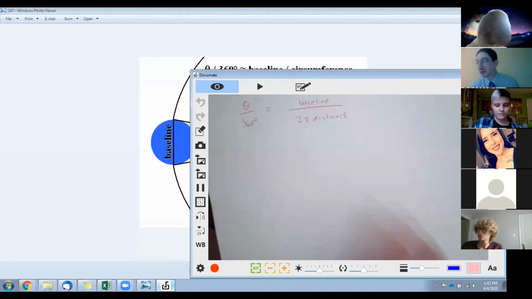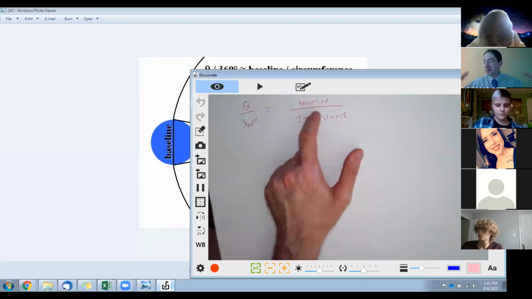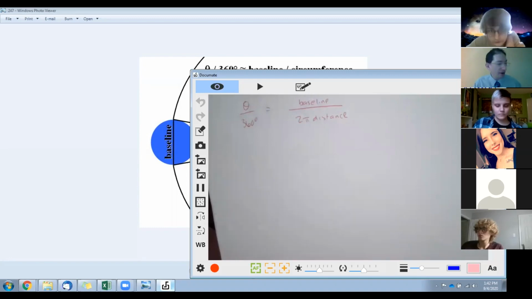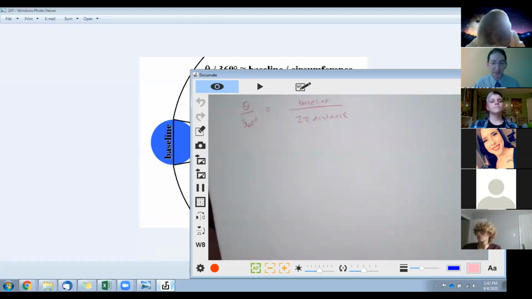This applies to anything, whether it's parallax to Venus, parallax to an asteroid, to another star. With stellar parallax, the baseline is the diameter of Earth's orbit. For this kind of parallax, it's just the diameter of Earth. But all you have to do is measure the angular shift, and then you calculate the distance. So we said with Venus at closest approach, that angular shift is 1/60th of a degree.